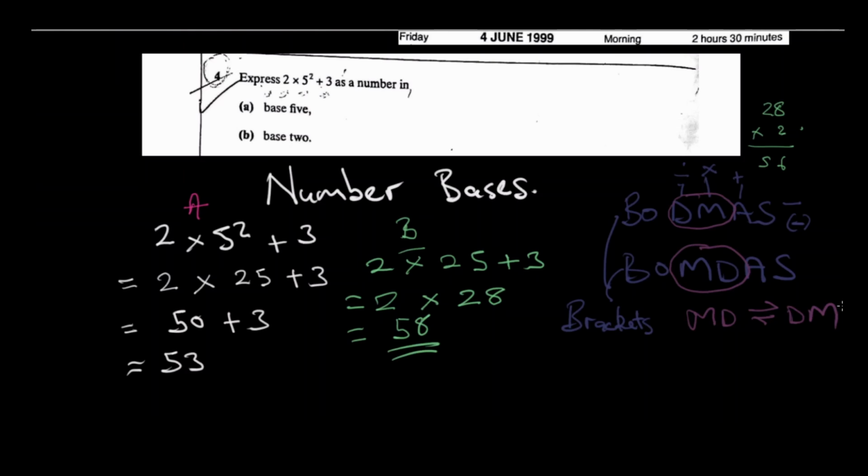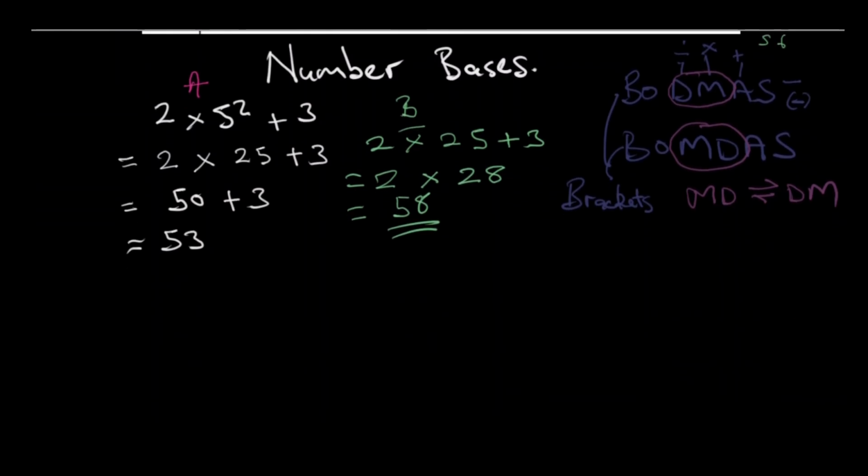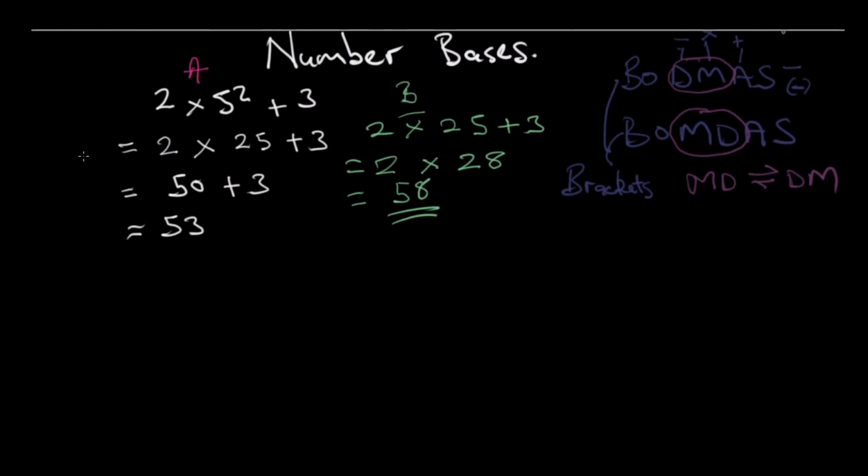Because of combining BODMAS and BOMDAS, we can come up with something simpler, which tells us what the correct answer is. This is what I call the order of operations.